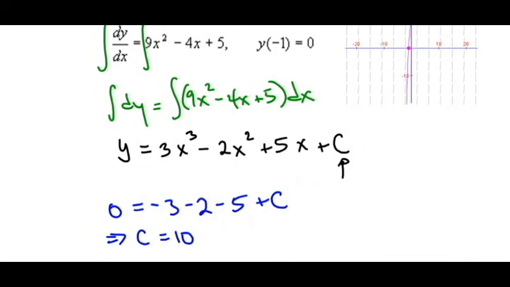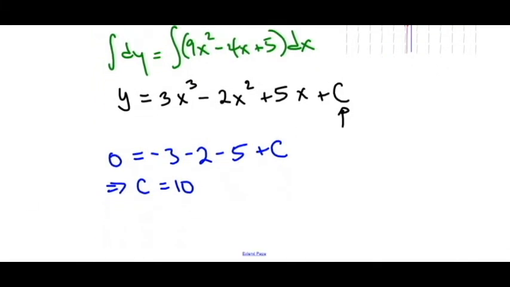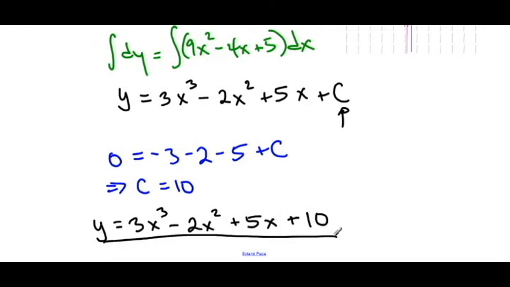And so the particular solution to this differential equation with that initial value -1, 0 is y is equal to 3x cubed minus 2x squared plus 5x plus 10. This is the particular function y that we were looking for.